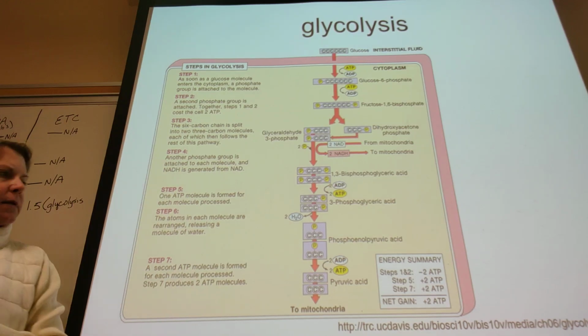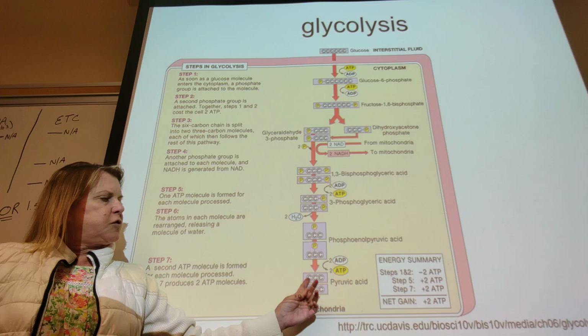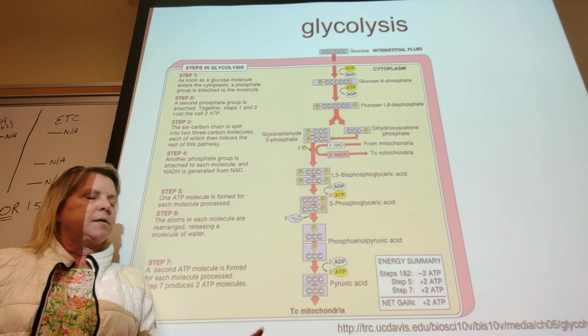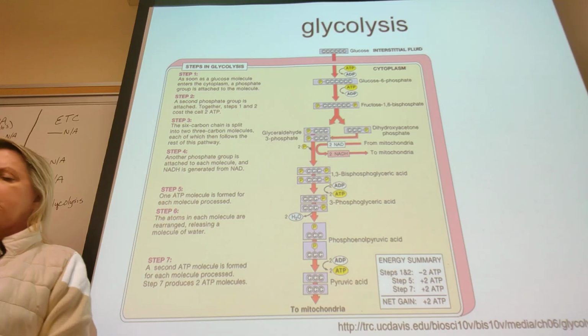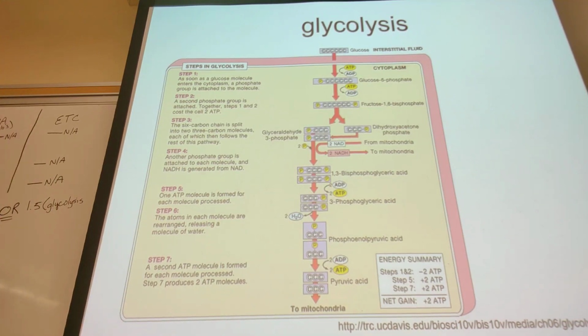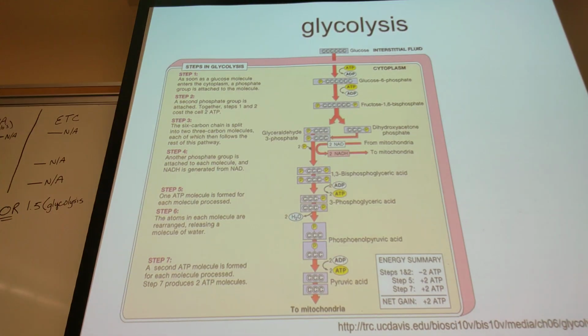End product. At the end, we have 2 3-carbon chains, and that is called pyruvate, or pyruvic acid. So that is next. 2 pyruvate. And they are a 3-carbon chain.